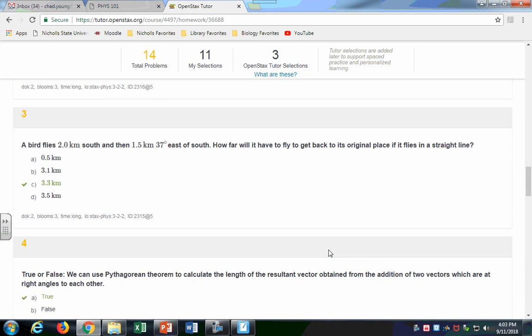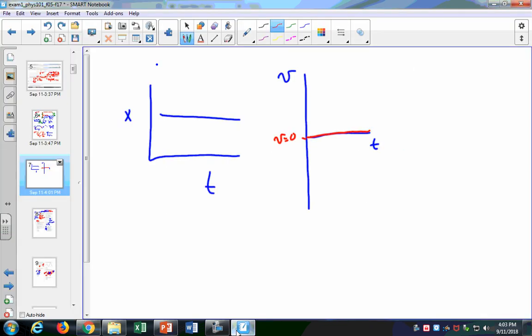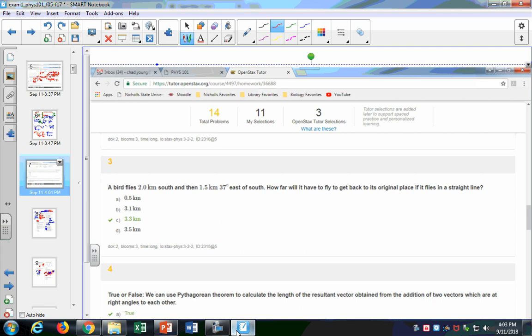All right, let's do it, but I'm going to rewrite it just a little bit, where the angle is measured. Instead of 37 degrees right here, I'm going to write 53 degrees south of east. You will see no cardinal directions on the exam.